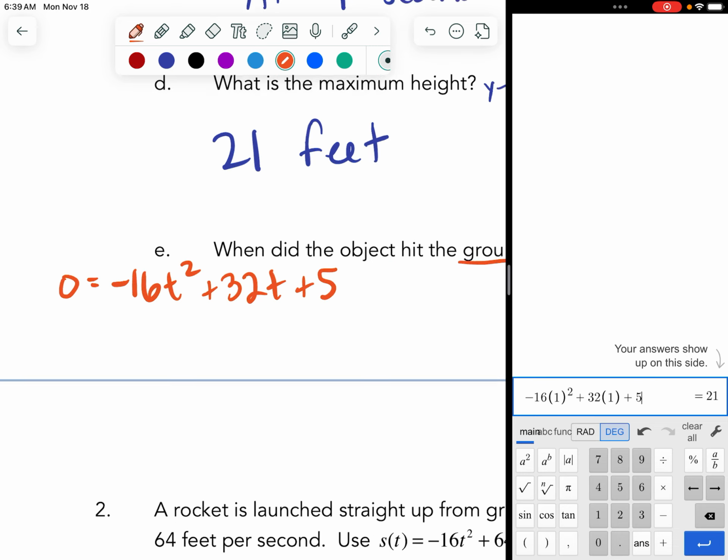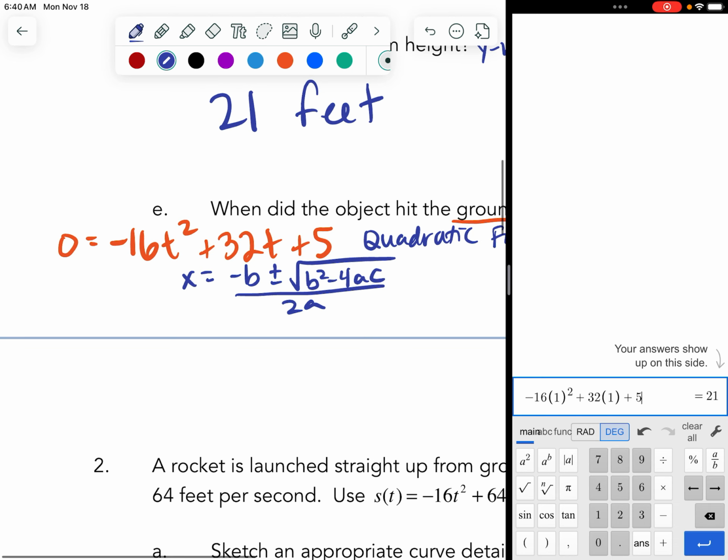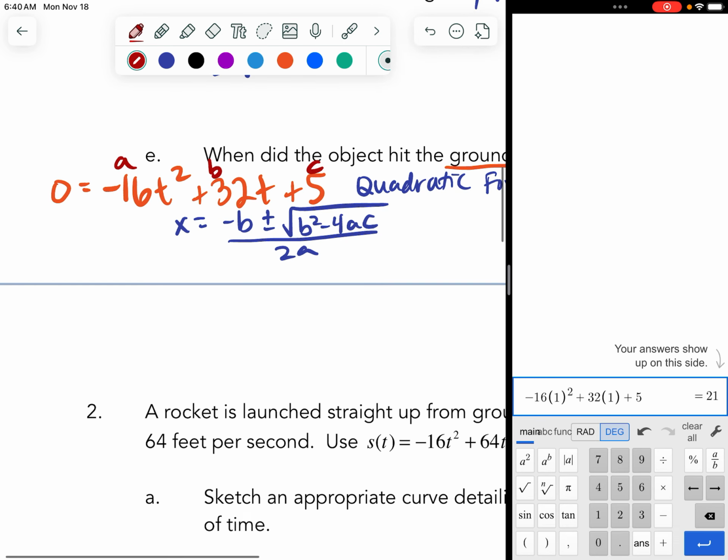So if we can't factor, that's when we have to use the quadratic formula. Okay, so let's squeeze that in here. So quadratic formula is x equals opposite of b plus or minus big square root b squared minus 4ac all over 2a. Okay, you got a, b, c. So let's plug in our numbers.